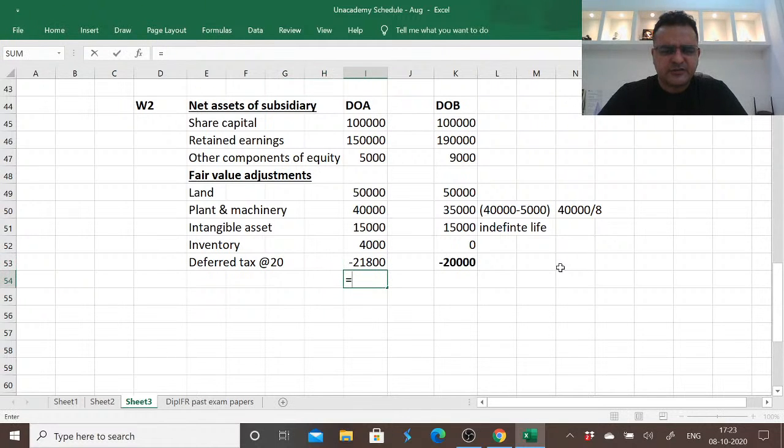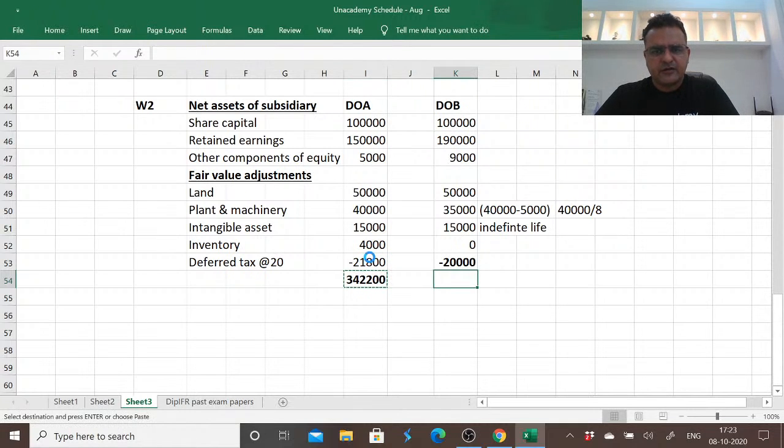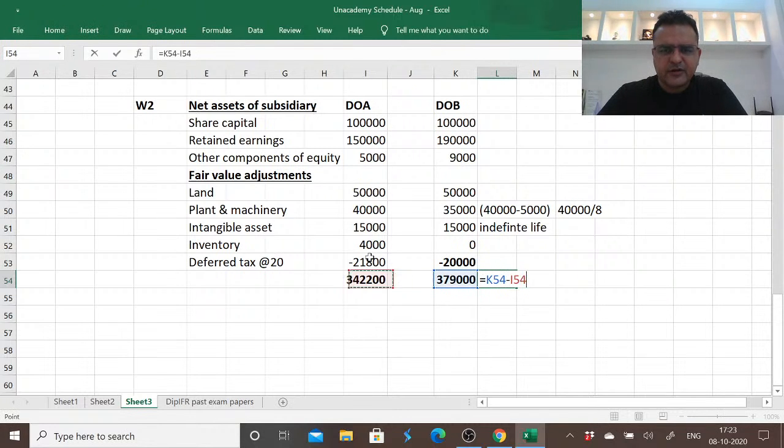So net assets position at the end of the year turns out to be equivalent to 342,200, which on the date of balance sheet turns out to be 379,000. So if you look at the difference, 379,000 minus 342,200, this gives us the post acquisition earnings.